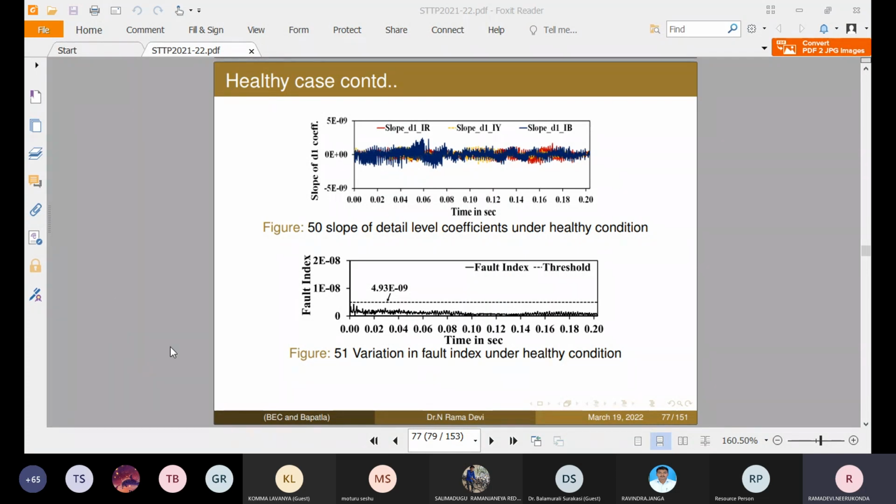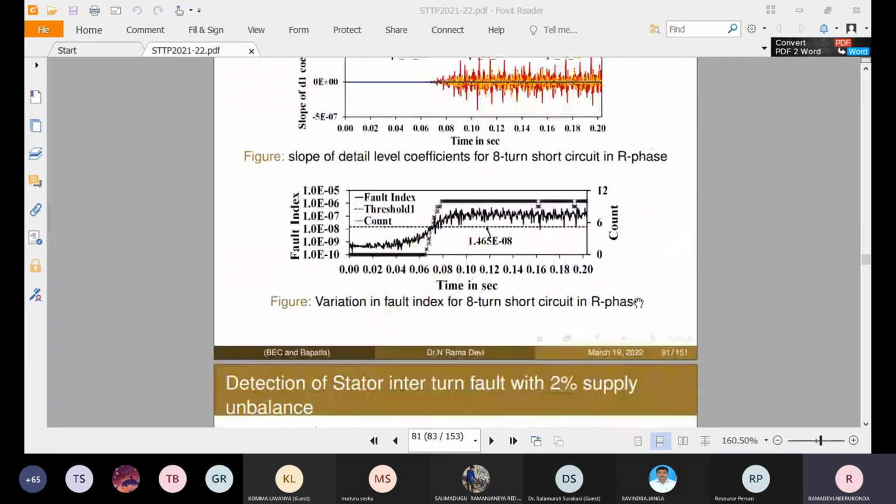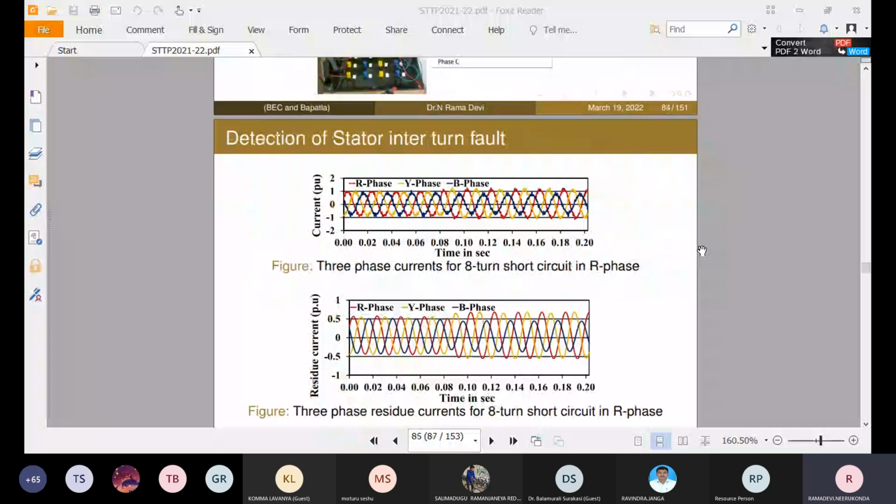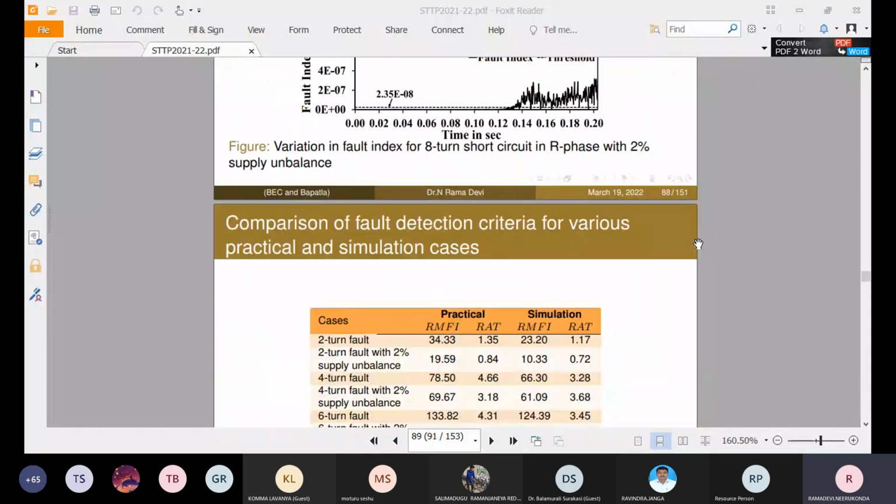So 14.65 divided by 4.93 is around 3, so here it is 3.25 or something.